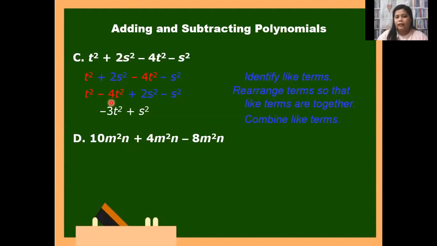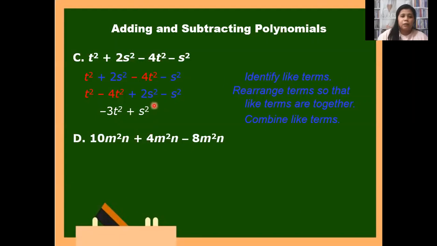If we subtract them, the answer will be 3t squared. And after subtracting it, since they have different signs, we need to follow the sign of the greater number, which is 4. 4 is greater than 1. Therefore, we need to follow the sign of 4, which is negative. That's why our answer is negative 3t squared.